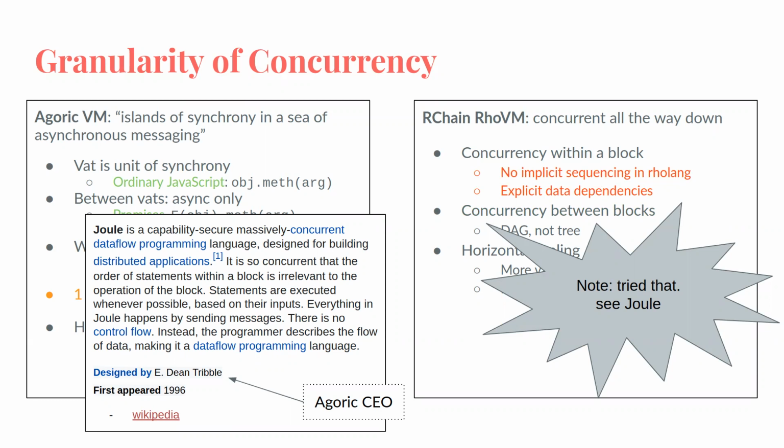The Agoric experience is they tried that in a language called Joule, and it was too hard to write programs that way. So they did Joule, and then they did a programming language called E, and E was a pretty good fit. It was a good mix of synchronous and asynchronous, but then E didn't take over the world.